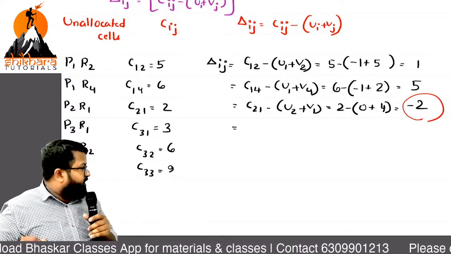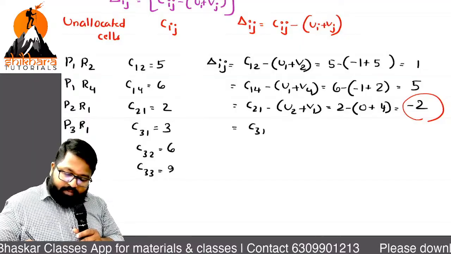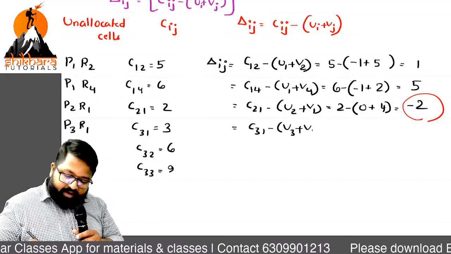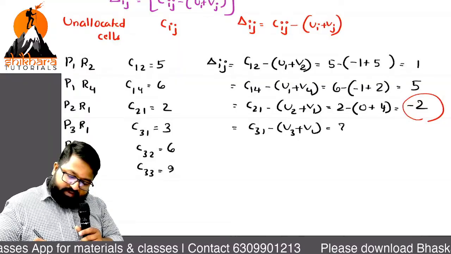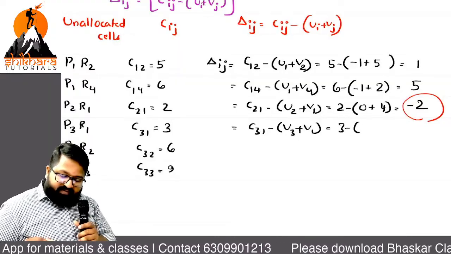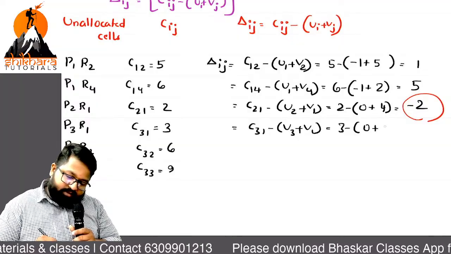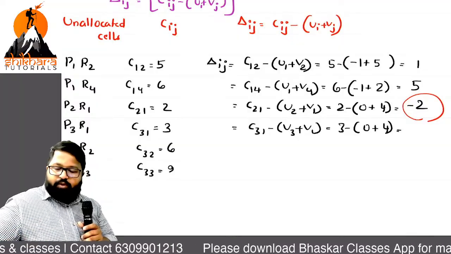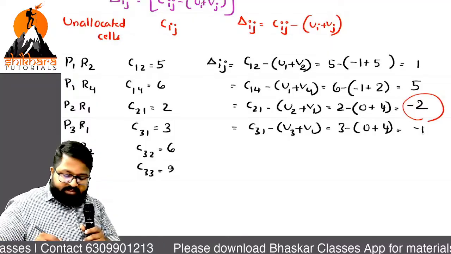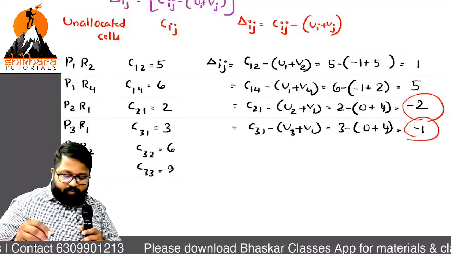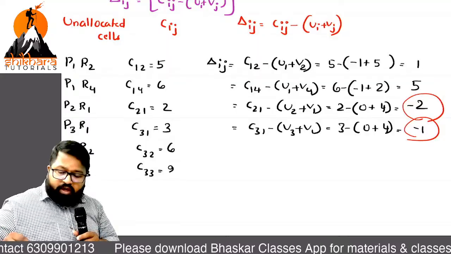Next, what is the other value? C31 minus U3 plus V1. That is equal to 3 minus U3, which is 0, and V1 value is 4. The value is minus 1. Okay.